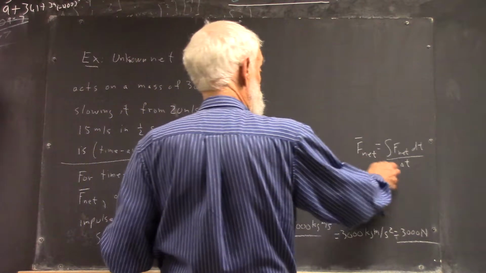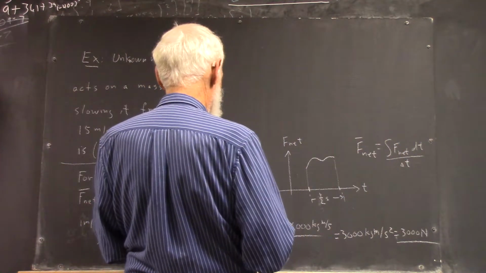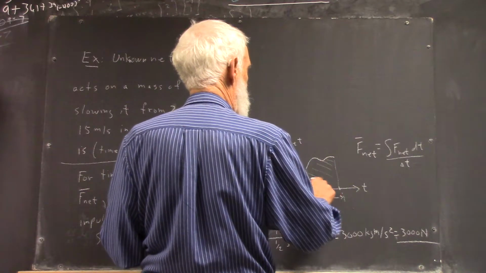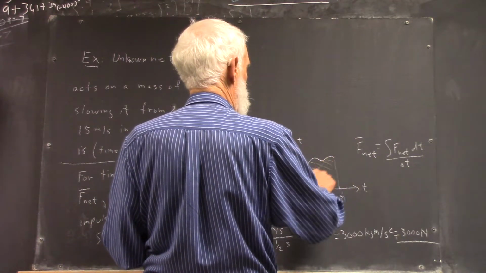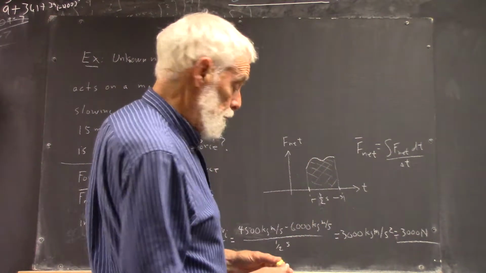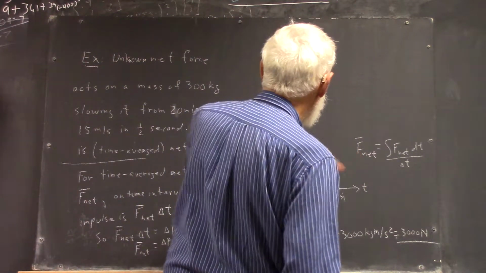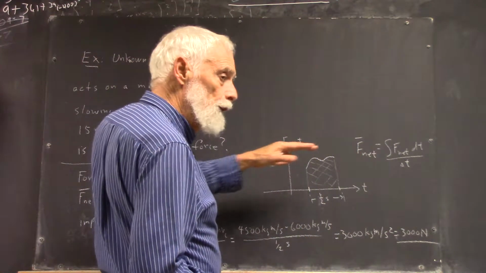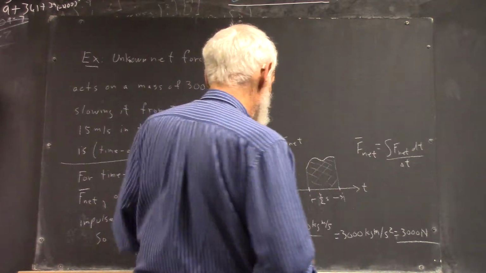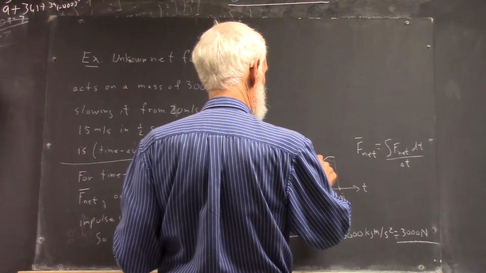The integral is represented just by the area under the curve, and the average force is the constant force that would be exerted on that interval to give you the same area.